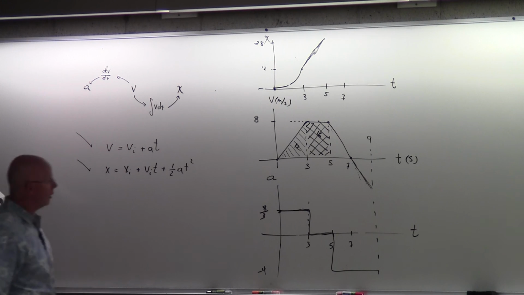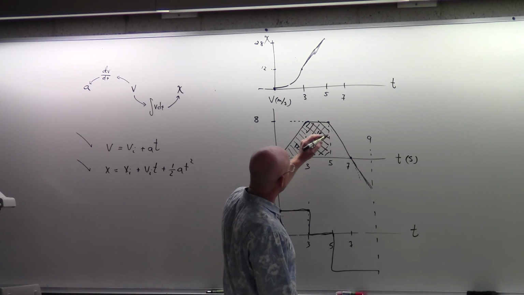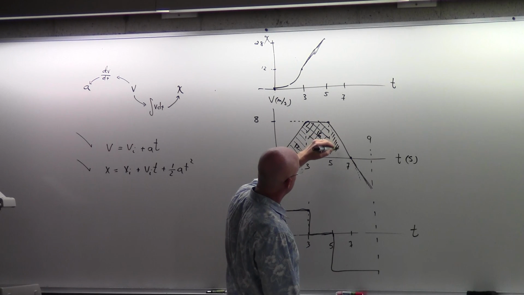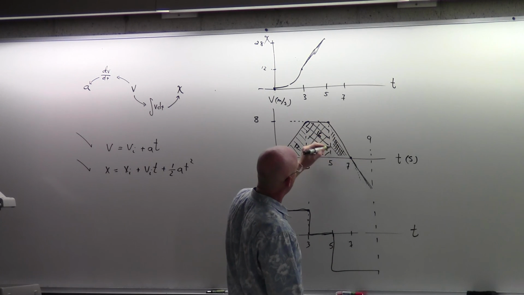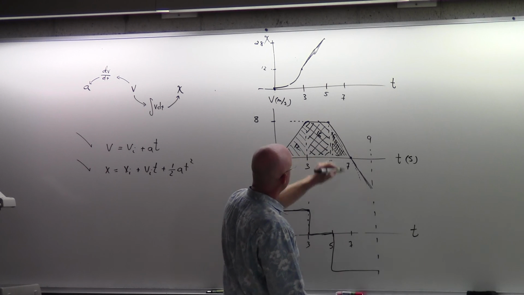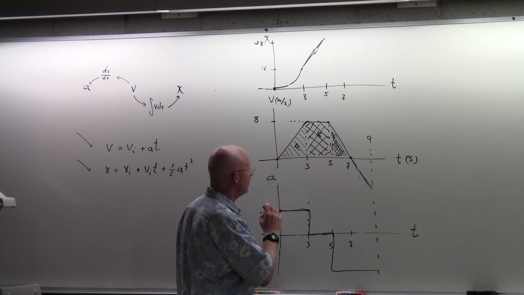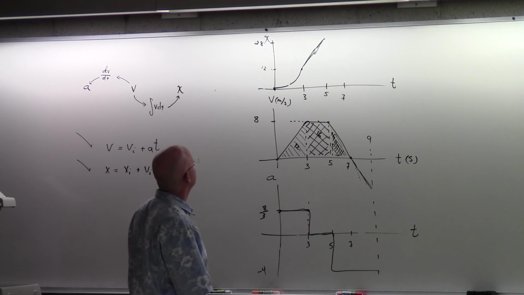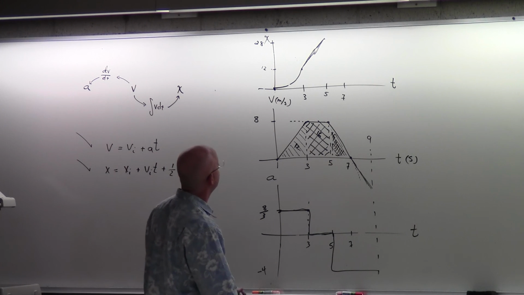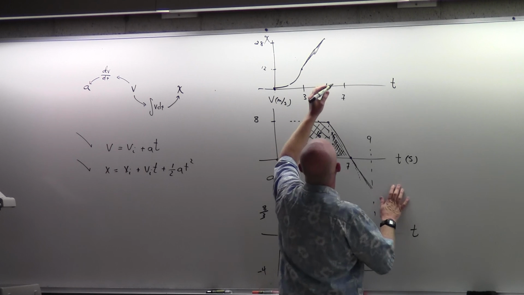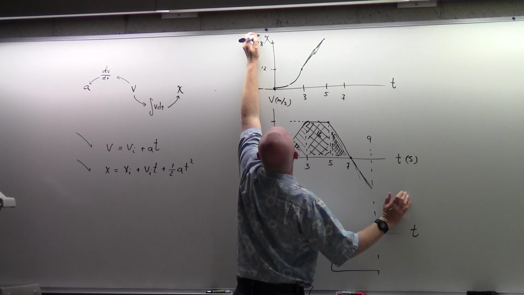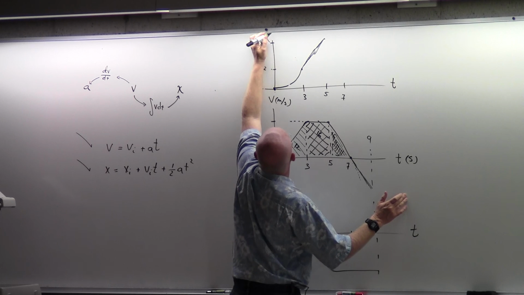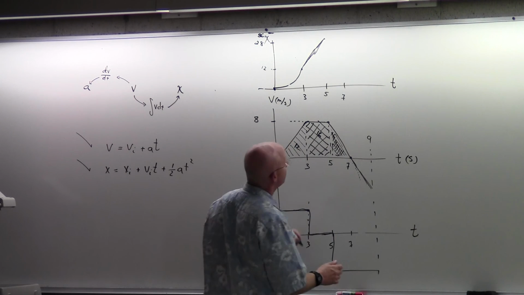And now maybe we'll go a little bit faster here. What about the next 2 seconds? Yeah, it would be that area, which would be, what, 8. And so we've got 8 more. And I didn't give myself much room to get 8 more on there. But I'll just put a 36 at the very top there.